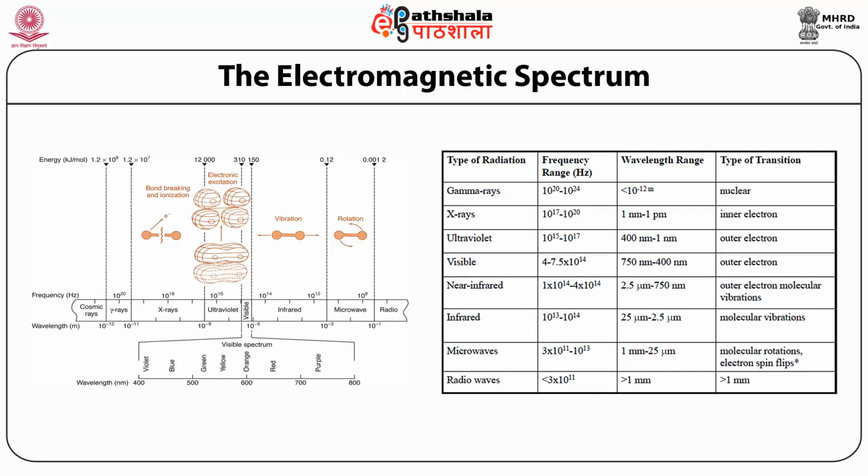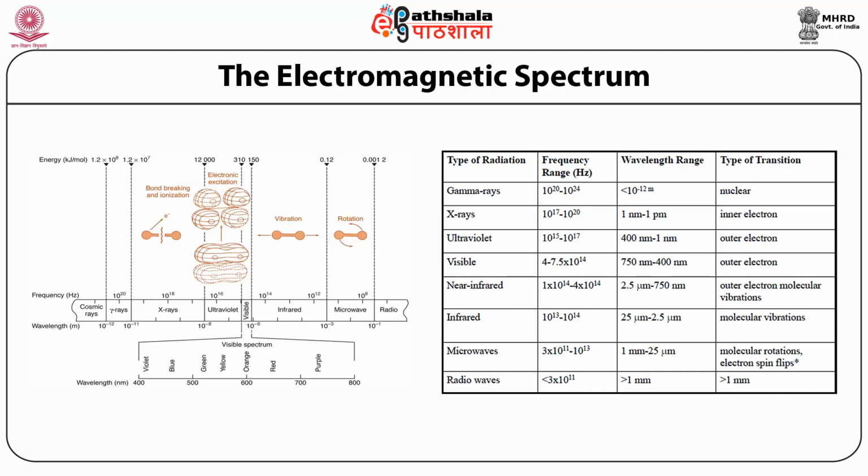The visible region is flanked by higher energy ultraviolet (UV) and lower energy infrared and microwave regions. These frequency ranges are the most widely used in spectroscopic measurements, as they can each provide key structural insight into analyte molecules. The microwave region of the electromagnetic spectrum is associated with rotational spectroscopy, while the UV and visible portion corresponds to molecular electronic transitions.